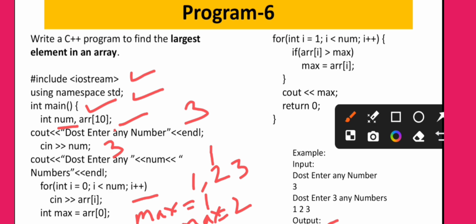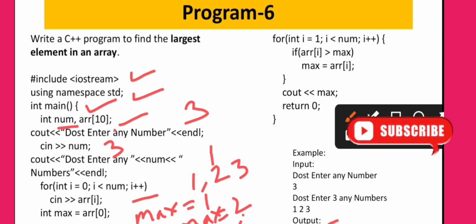Next we have the number 3, and 3 will be compared with 2. If it is greater, then next time max will become 3. Then we can display the output. Like this we can find the largest element in the array.